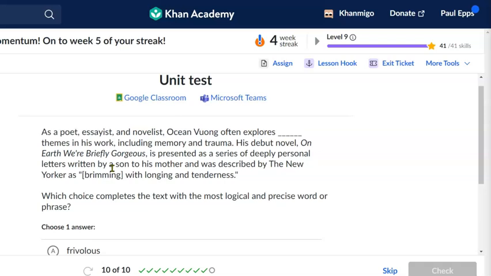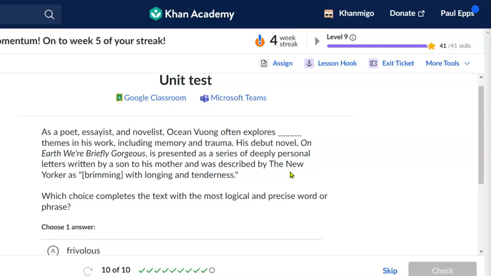As a poet, essayist, and novelist, Ocean Vuong often explores blank themes in his work, including memory and trauma. His debut novel, On Earth We're Briefly Gorgeous, is presented as a series of deeply personal letters written by a son to his mother, and was described by the New York Times as brimming with longing and tenderness.